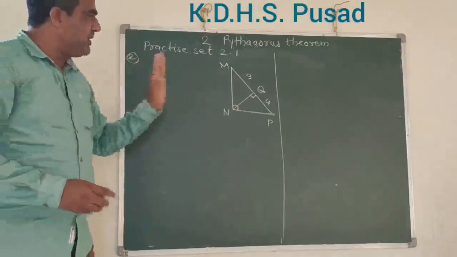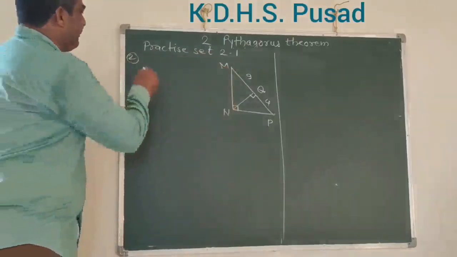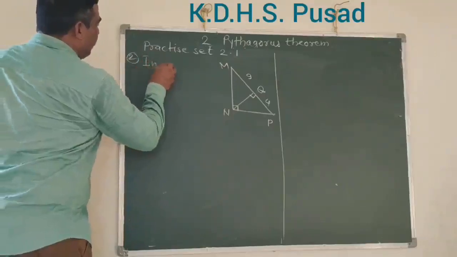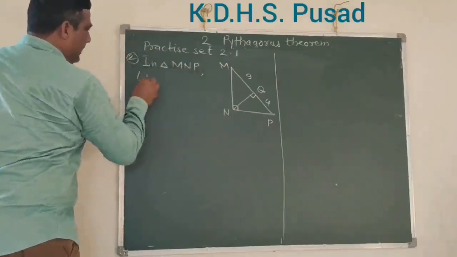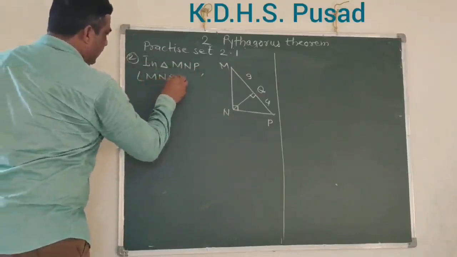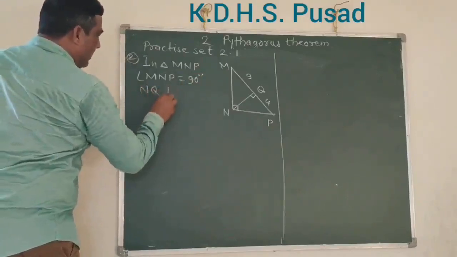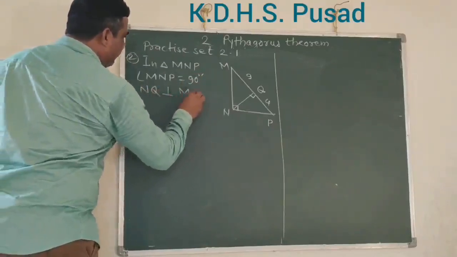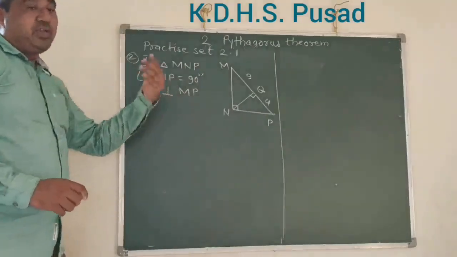It depends on you. If the question is based on sides, then in the triangle M and P, angle M and P equal to 90 degree and n cube is perpendicular on M. It is a right angle triangle with a perpendicular from the vertex of the right angle, so you can use any theorem.